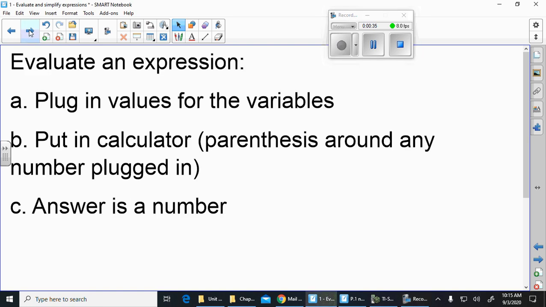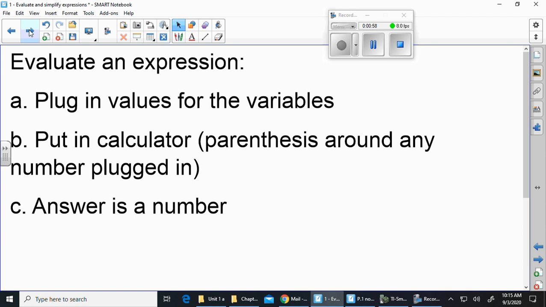So to evaluate, I would say there are three things. Plug in the values for the variables. You want to remember an expression can be equal to anything depending on what those variables are. I say put it in your calculator.